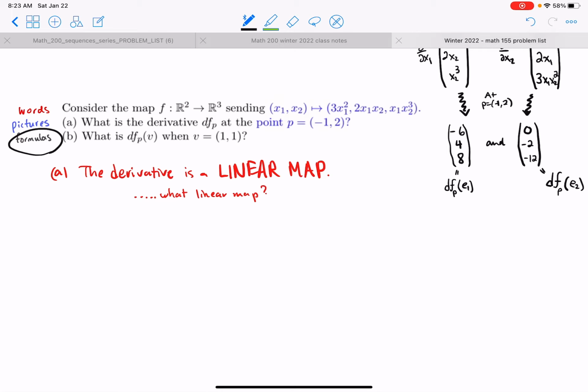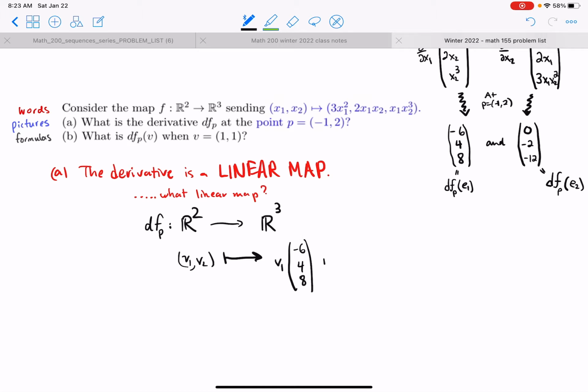So now I switch to formulas color. dfp has the same input space and the same output space. But what does it do? It takes a vector, v1, v2, and it sends it to a linear combination, v1 of -6, 4, 8, plus v2 of 0, -2, -12.